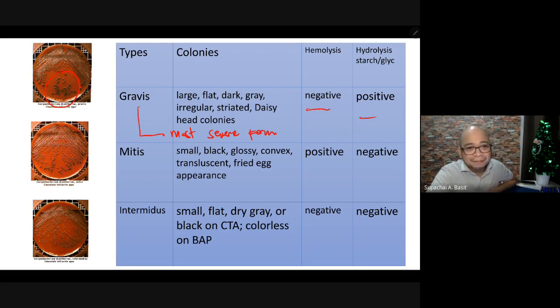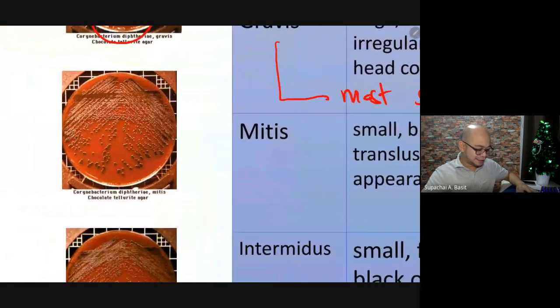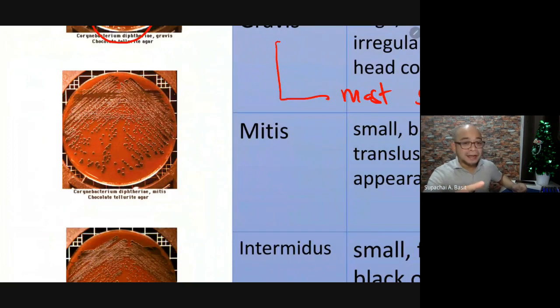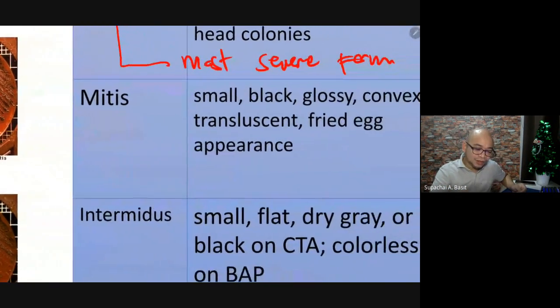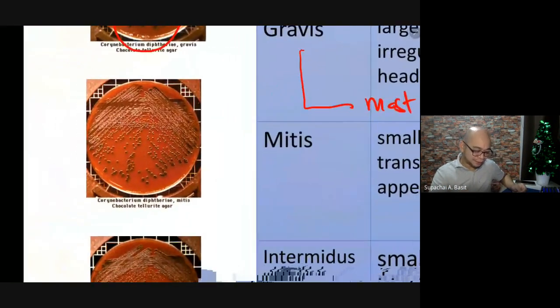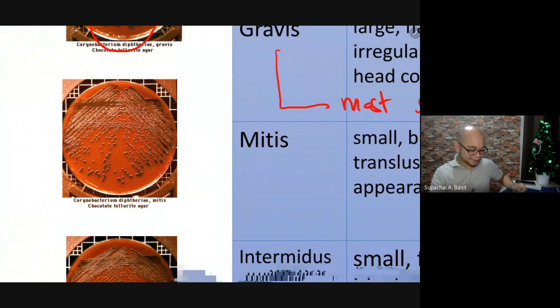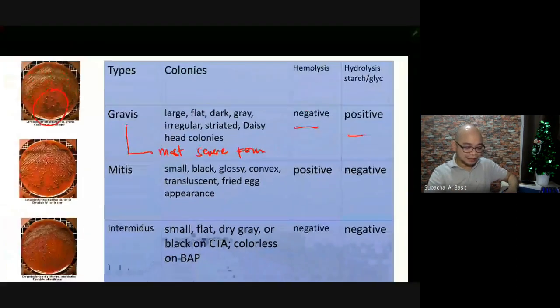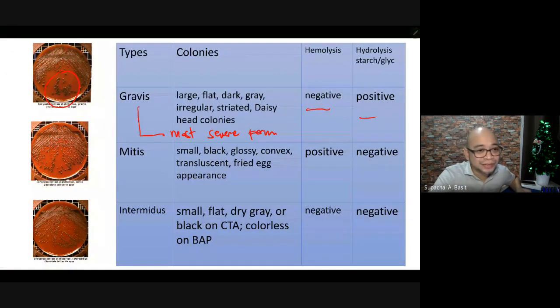Then the next type would be the mitis. The mitis is characterized by small, black, glossy, convex, translucent colonies that have a fried egg appearance. The mitis is positive for hemolysis but negative for starch hydrolysis, and it will result in a mild form of diphtheria.